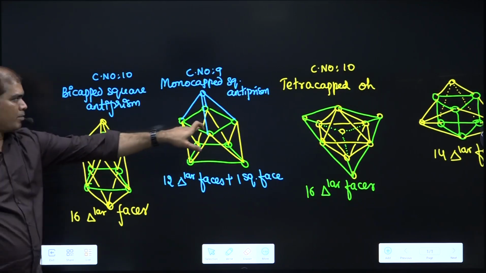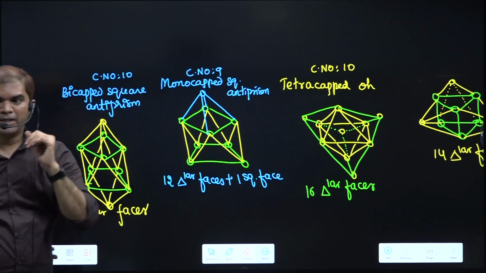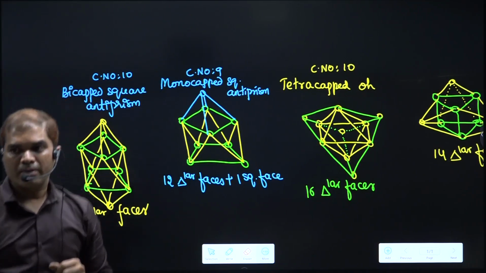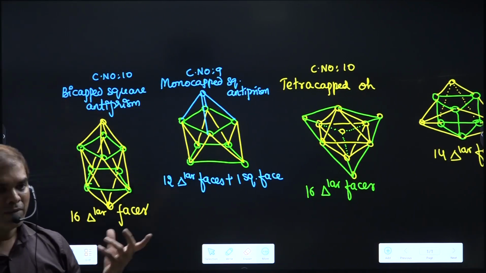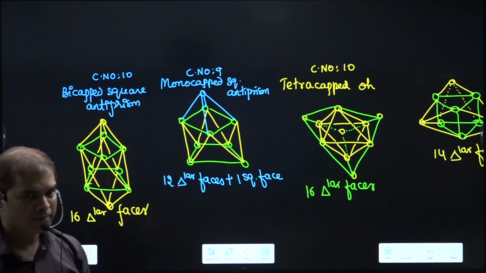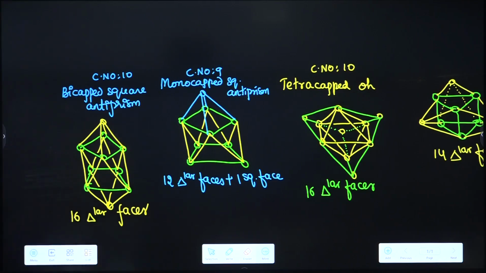Can you tell me the point group of monocapped square antiprism? Anyone? Simple square antiprism belongs to D4d. Monocapped square antiprism belongs to C4v. One square face got capped.